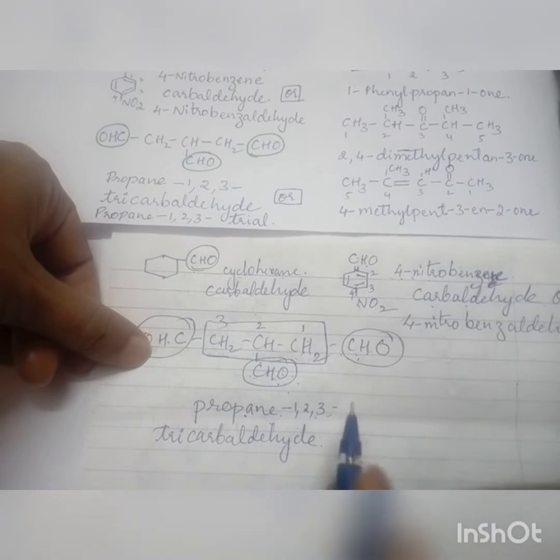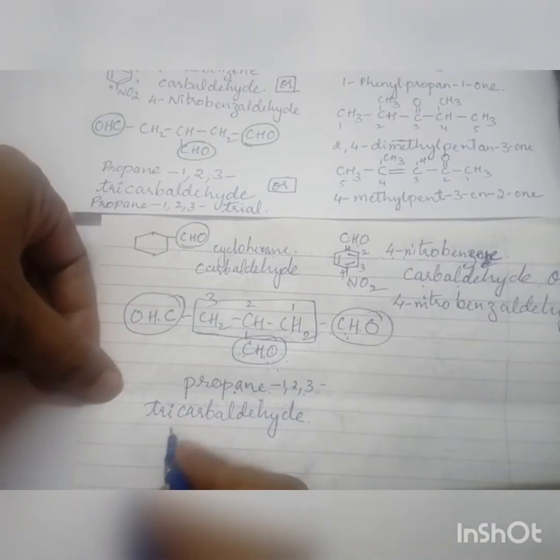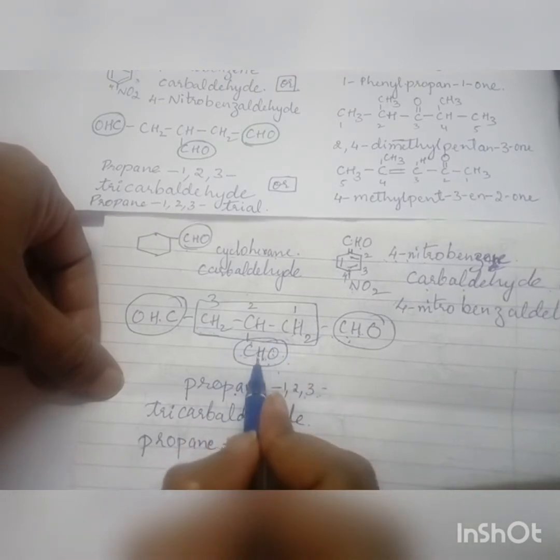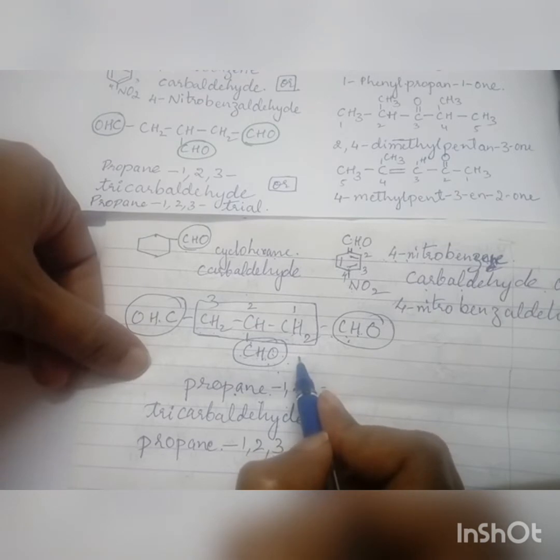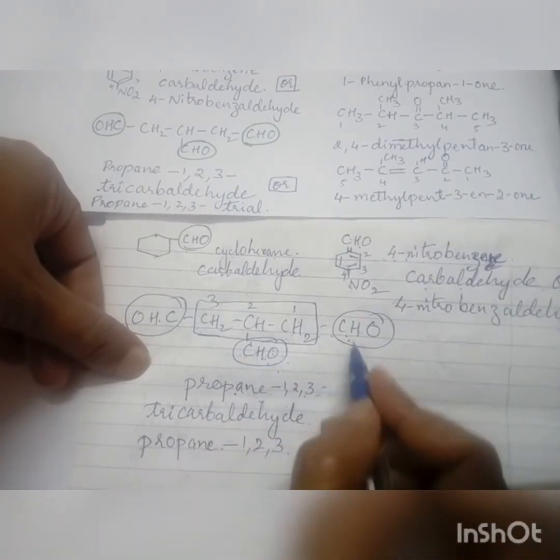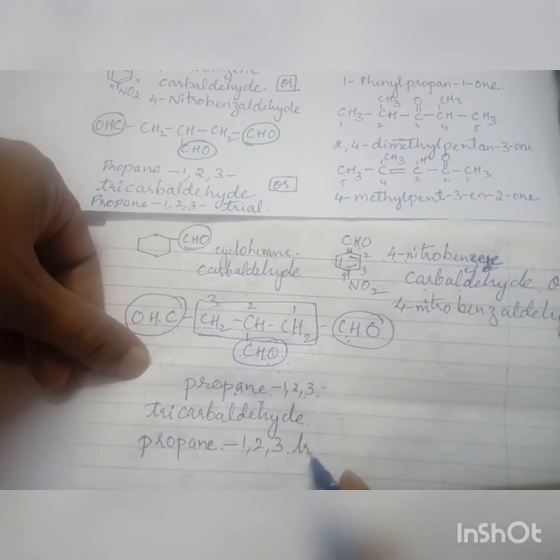Either you can write it as propane-1,2,3-tricarbaldehyde, or, as we studied earlier in first year, for aldehyde we used Al as the suffix. So since it is repeating 3 times, we call it tri-al.